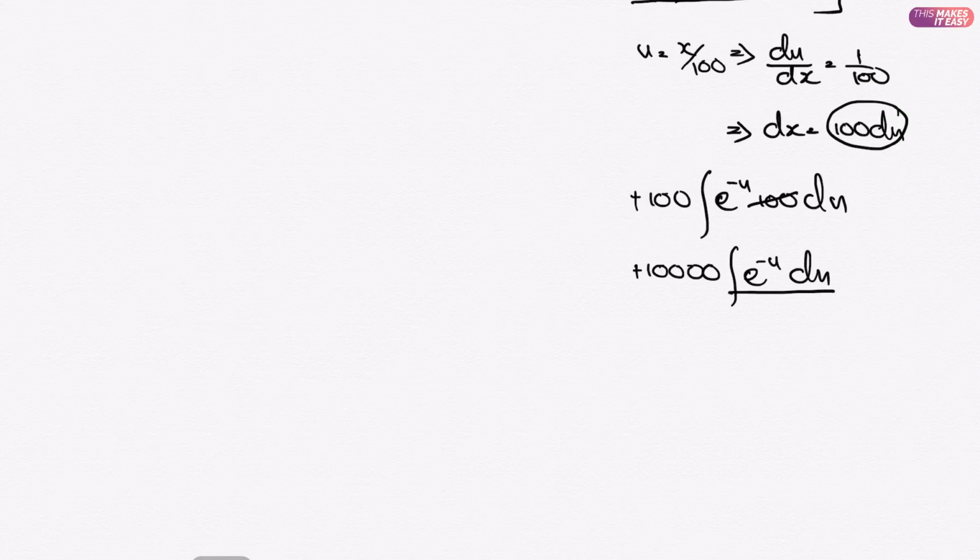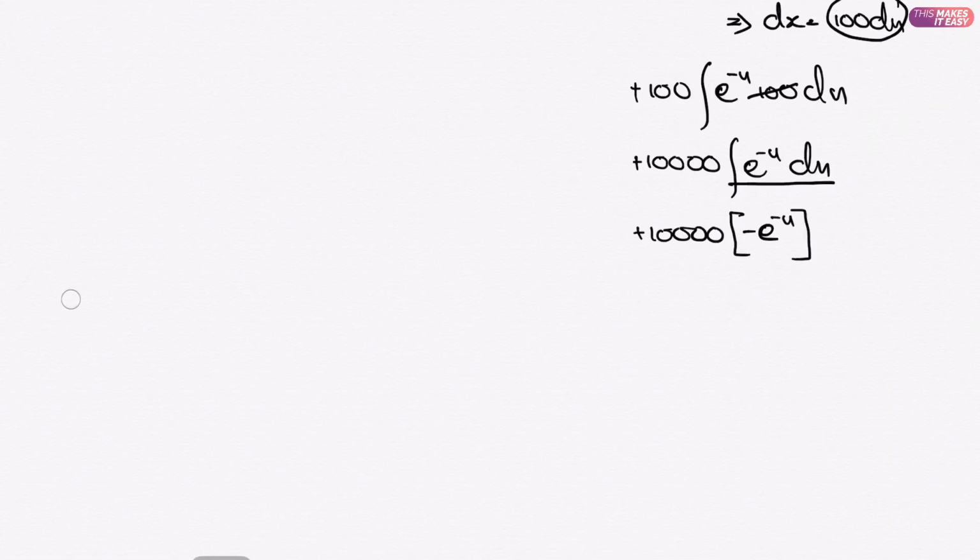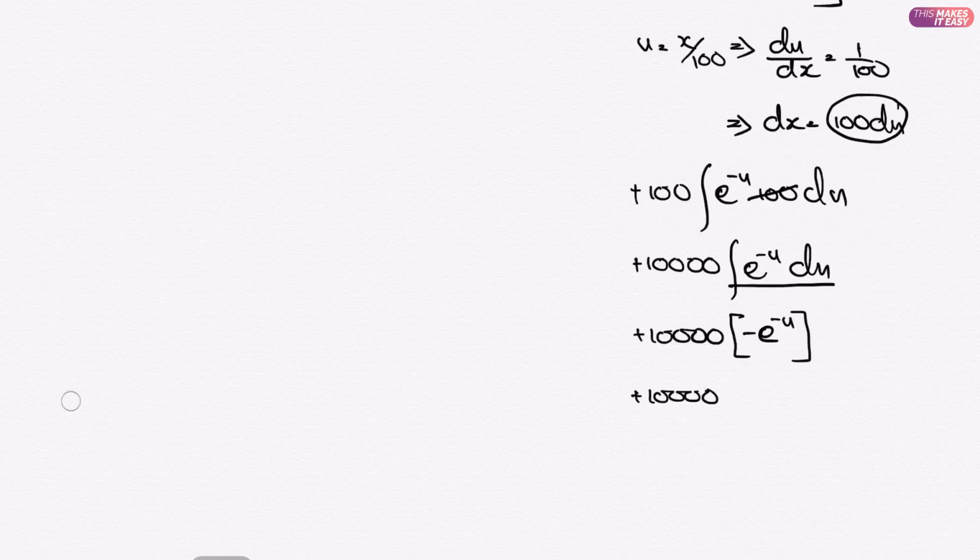Integration of this is very easy. Minus e to the power minus u. Substituting the value of u, when x takes 50, this becomes minus e to the power minus 1 by 2.